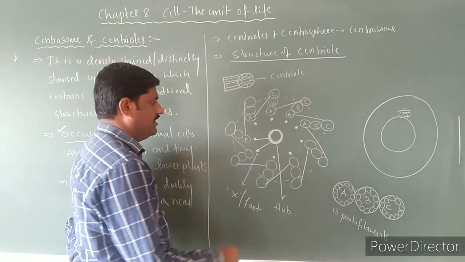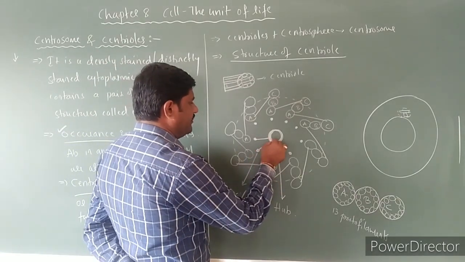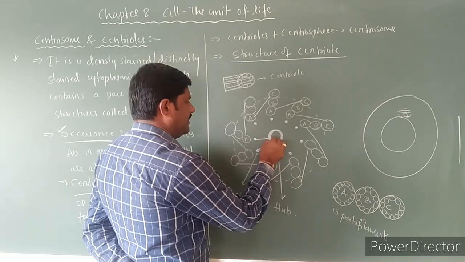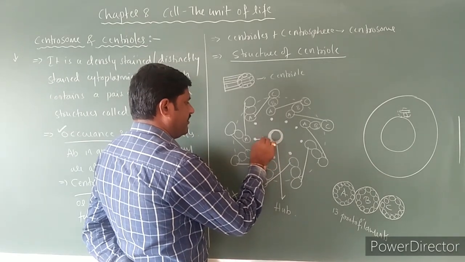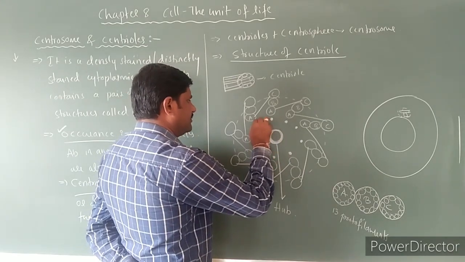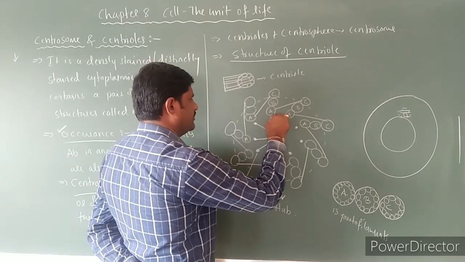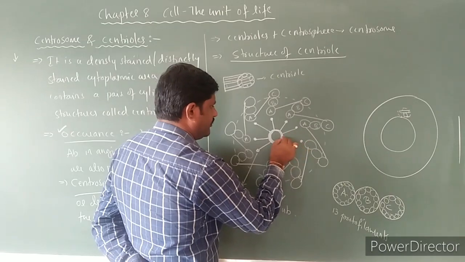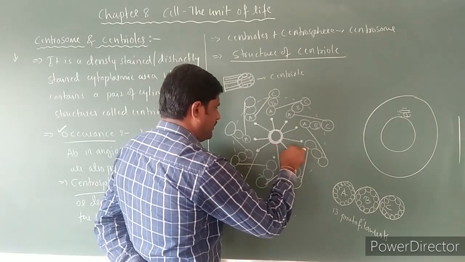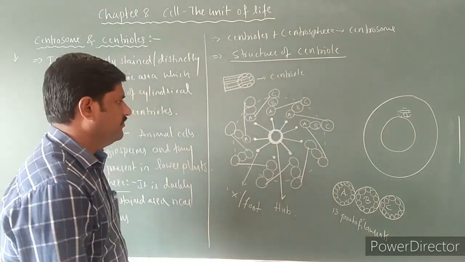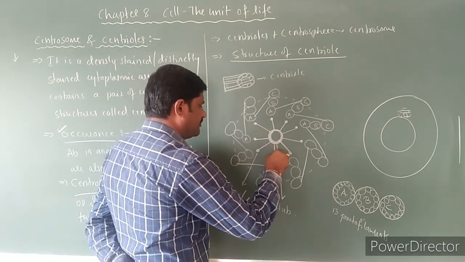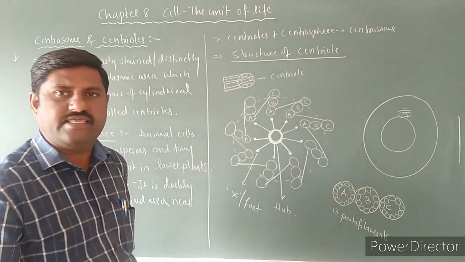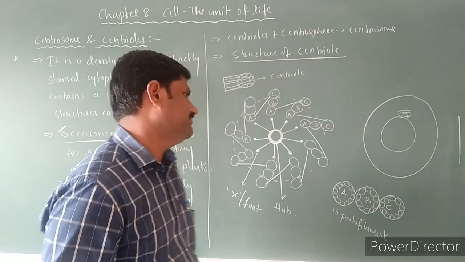They are connected to the centrally located hub with the help of radial spokes. See here, this is radial spoke, radial spoke, also radial spokes. With the help of the radial spokes, all the X bodies are connected.